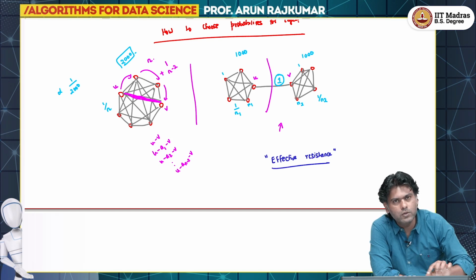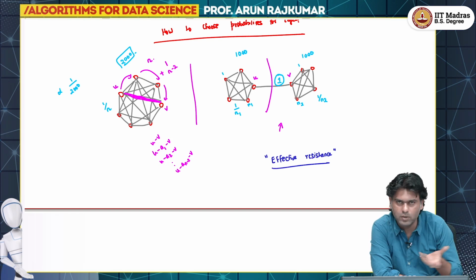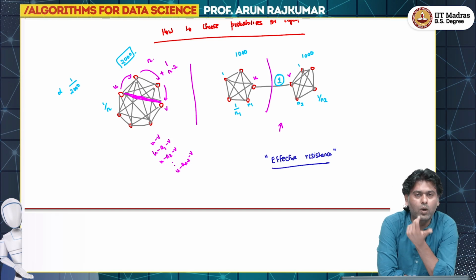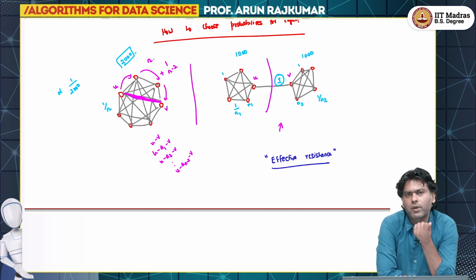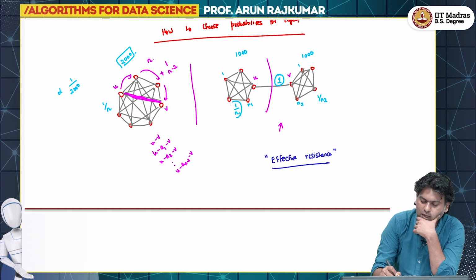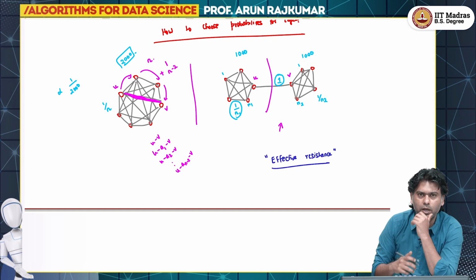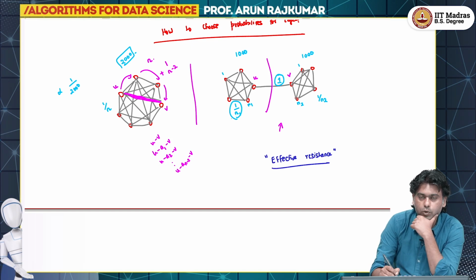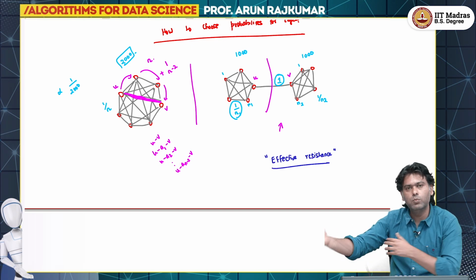That is going to be the same, because effective resistance is the same for all edges in a symmetric complete graph. So this is going to be something like 1 by n choose 2. Every edge is going to appear roughly with probability 1 by n choose 2, whereas here these edges are going to appear with probability proportional to 1 by n1, but this guy is much larger.